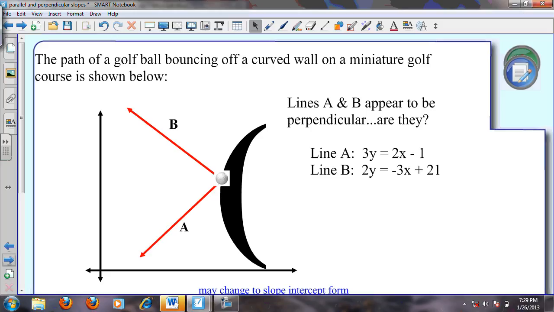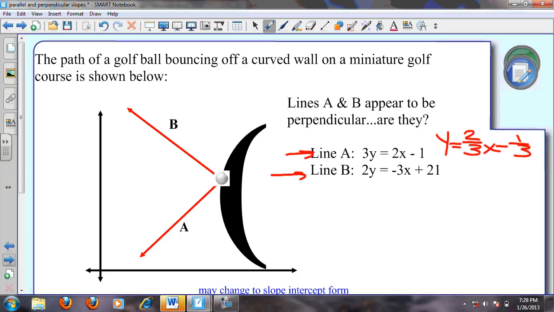The path of a golf ball bouncing off a curved wall on a miniature golf course is shown below. Lines A and B appear to be perpendicular. Are they? What do we know about perpendicular lines? The negative or opposite reciprocal. In y-intercept form, dividing all terms by 3 for line A, y equals 2/3 x minus 1/3.